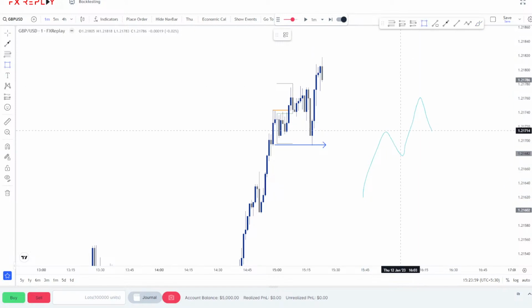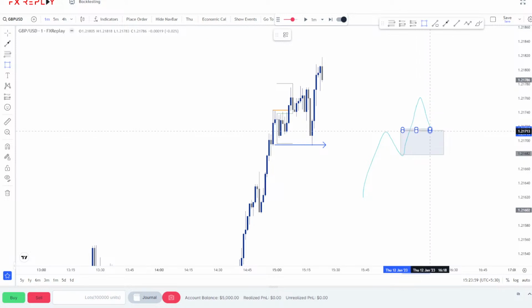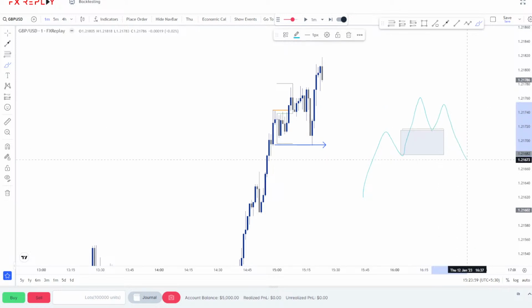This is the balance, and then there's an imbalance here, and this is a fair value gap. This fair value gap was taken, and then it tried to go above, but it could not. So the one place that it can take liquidity is below the low. So that is what it did.